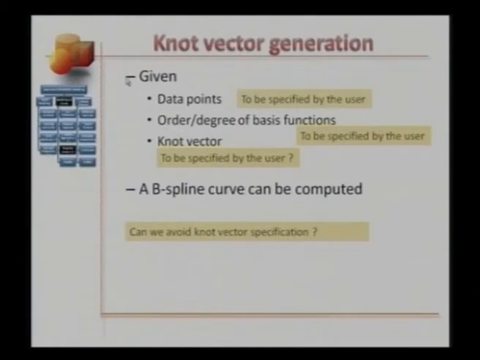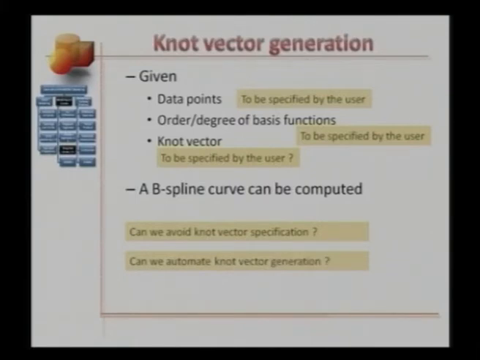One would notice here that we have too much freedom when designing B-spline curves. As a user, I can freely specify a knot vector. But is it possible for us to avoid knot vector specification? We are specifying anyways too much information already.